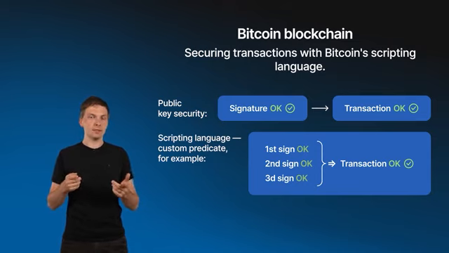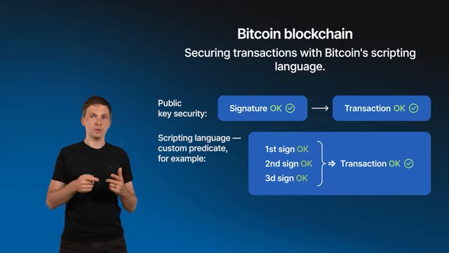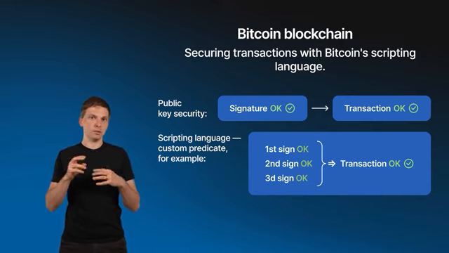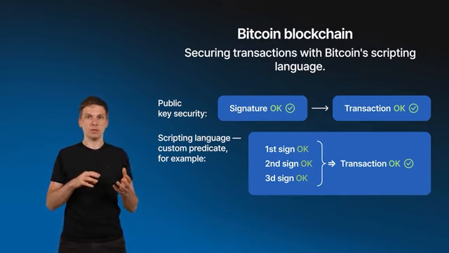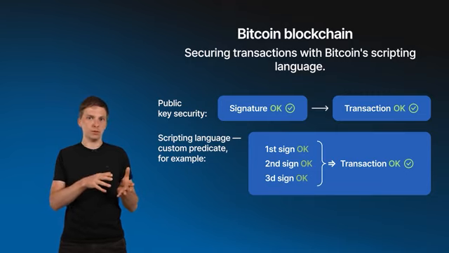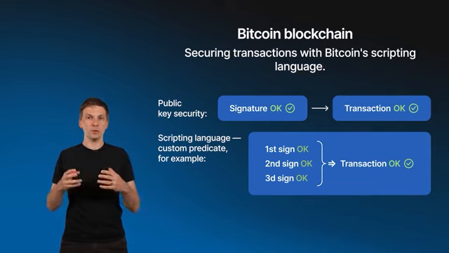But you could customize this program by saying, I want not 1 signature, but 2, or I want 2 signatures out of 3 public keys, or I want a little bit of a time lock check, or maybe some conditions, like one branch of a contract or another. And this way you can make small smart contracts as predicates on those accounts.